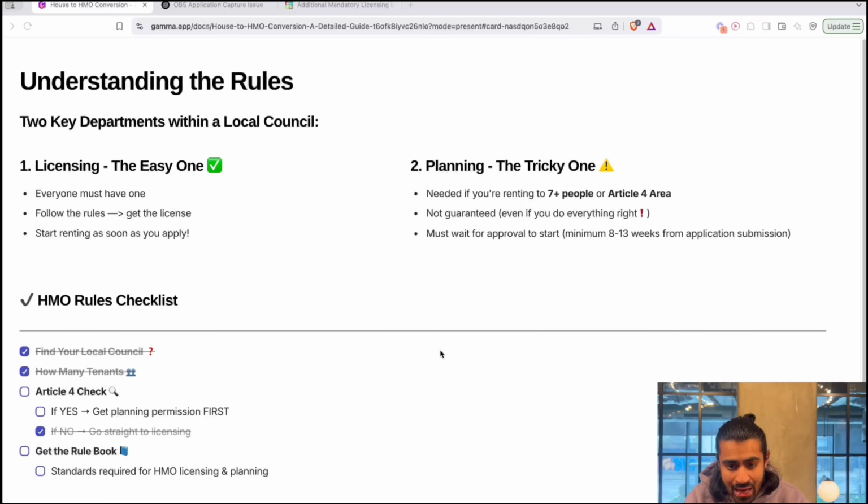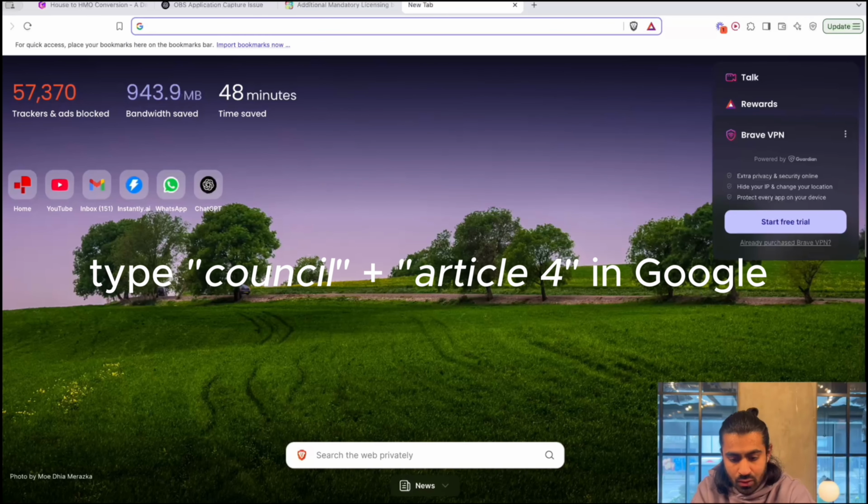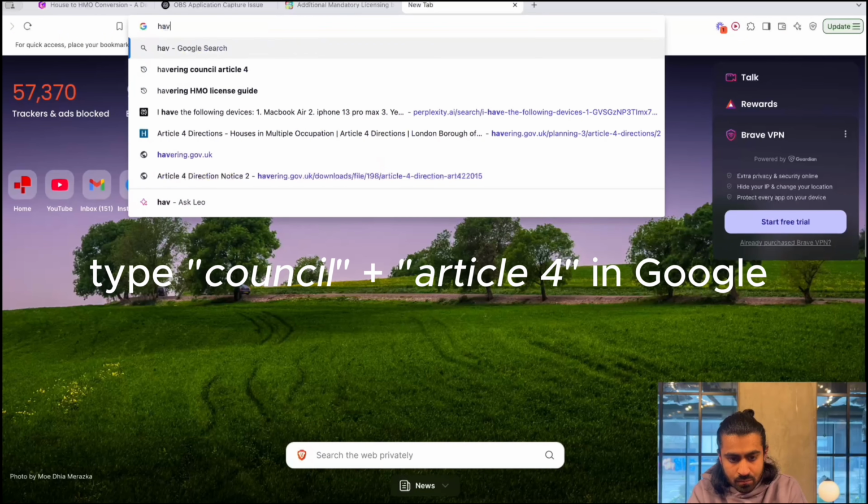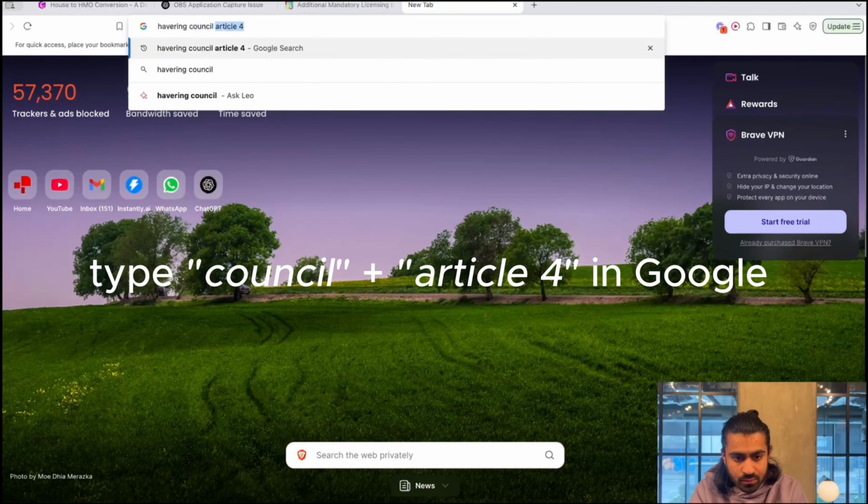Now, I'm just going to do a couple of examples on how to find out if your council is in an Article 4 area. So, for example, let's try Havering Council.